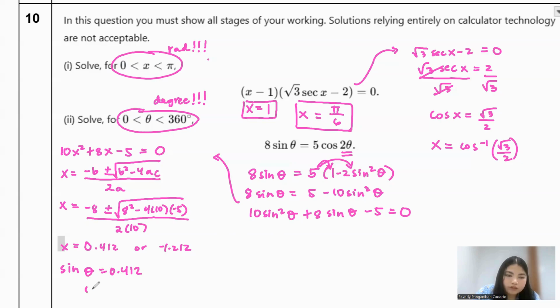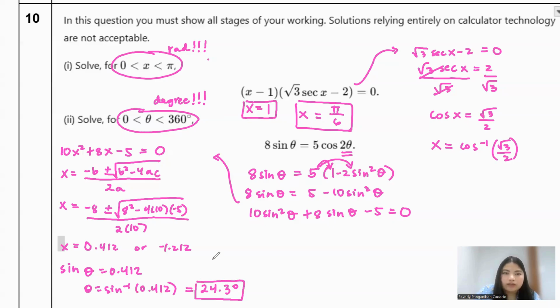And for you to get that, you're going to do sine inverse of 0.412. And the final answer there will be around, make sure that you are in degrees because you are aiming for degrees here, 24.3 degrees.